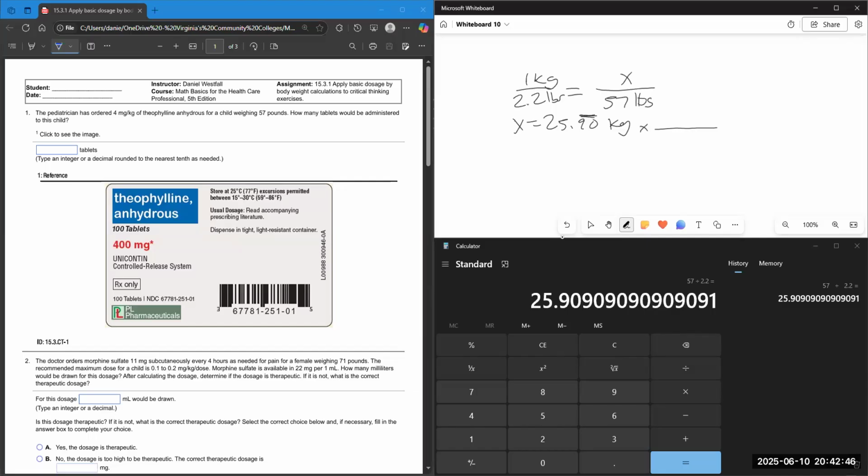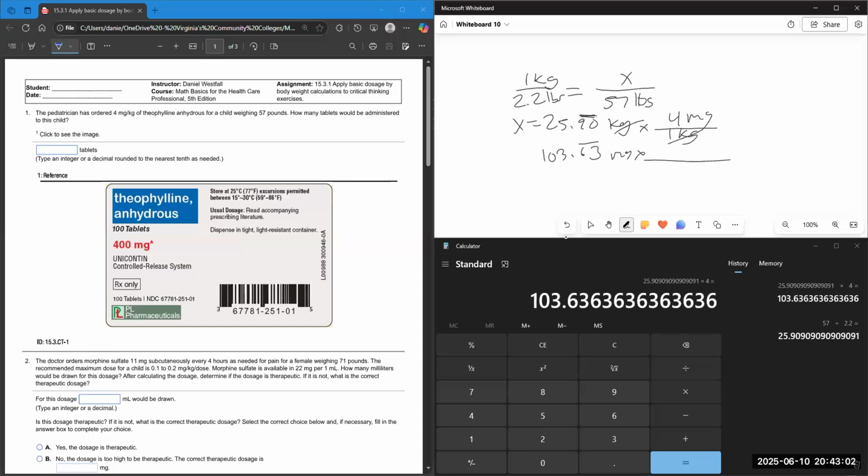Well, the order was for 4 milligrams per kilogram. So let's multiply by 4. And so we have 103.63 repeating milligrams times, there's 400 milligrams in a tablet.